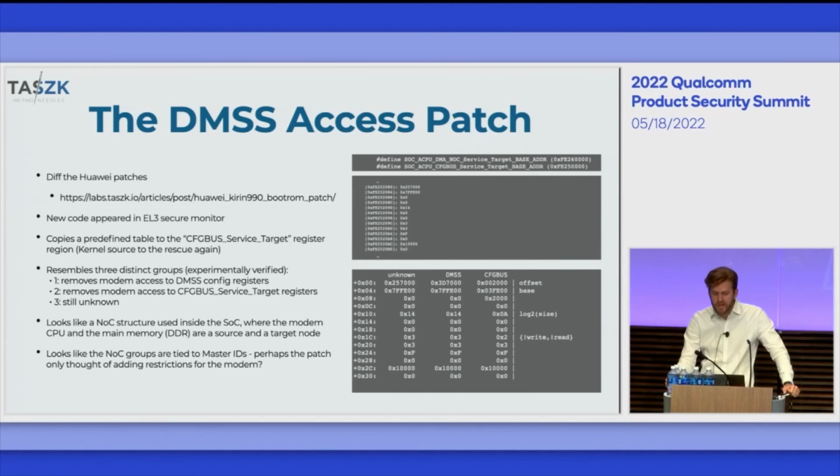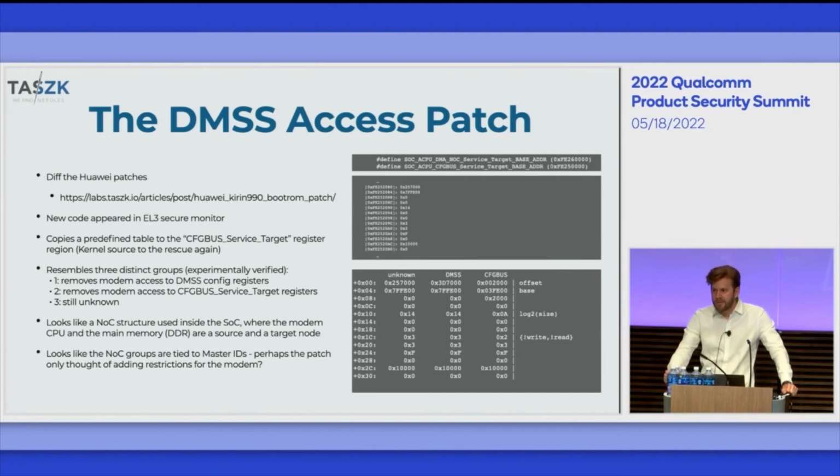And from the references to things like the config bus and the NOC, and then some trial and error of fiddling with the bits, the picture came together that basically what Huawei had already built in prior to disclosing the previous bugs is that there's this NOC-like structure used in the SoC where apparently the DDR can act as a target node and different cores apparently as source nodes.